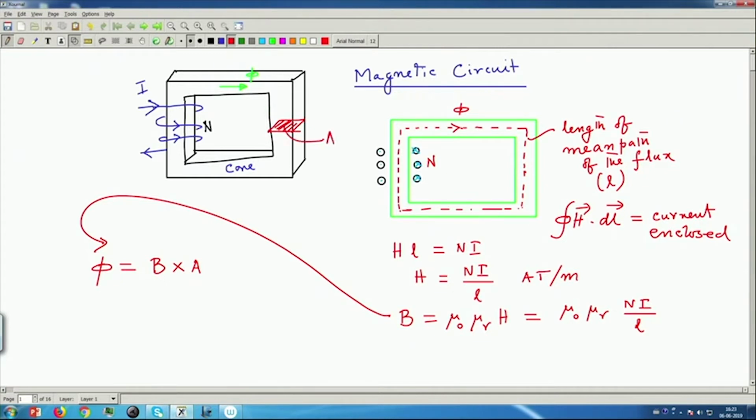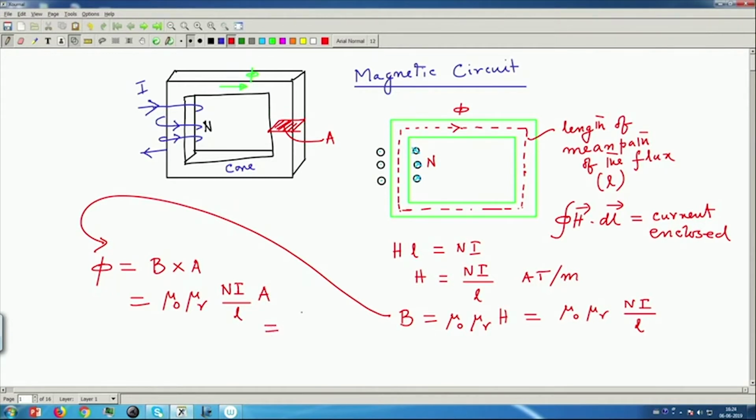So, this is A. This cross sectional area is perpendicular to the flux at any section. Therefore, flux in Weber will be B into A, and B I have already calculated. So, I substitute mu 0 mu r NI by L, this is H, into area.